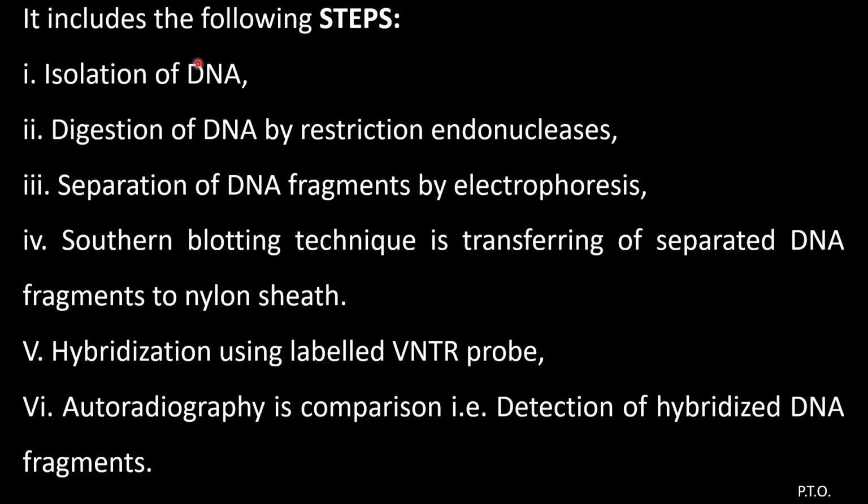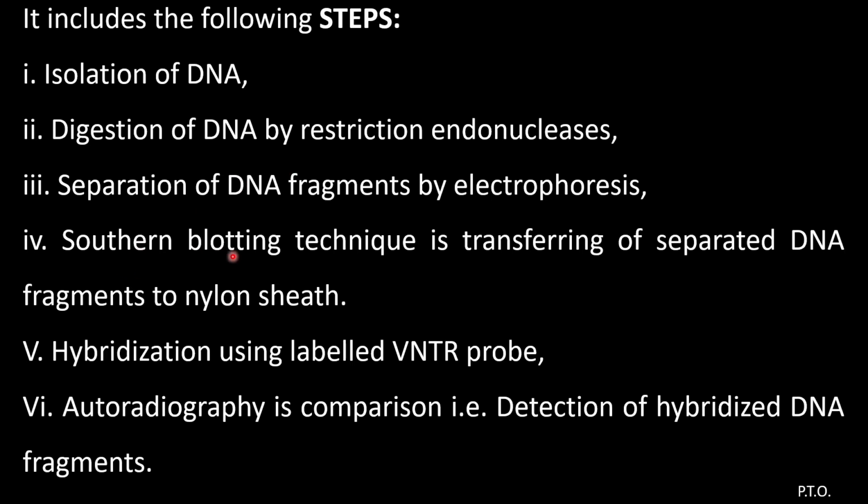Our next point is the main steps present in DNA fingerprinting. There are 6 steps. First one is the isolation of the DNA. Second is the digestion of DNA by restriction endonucleases. Third is the separation of DNA fragments by electrophoresis.